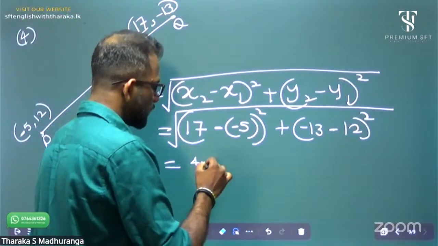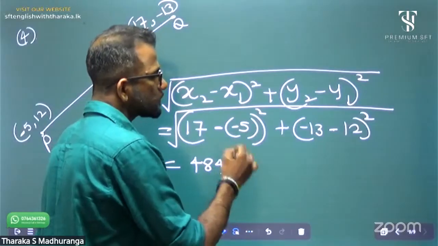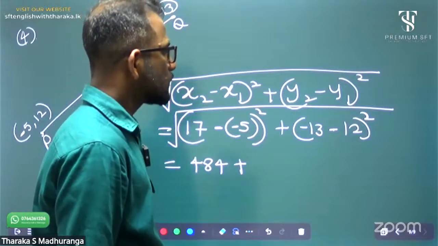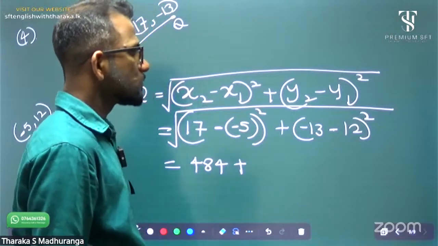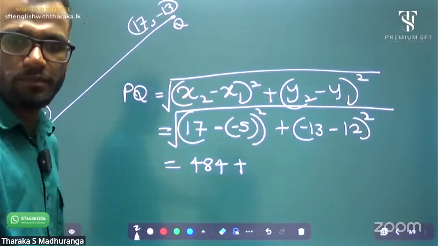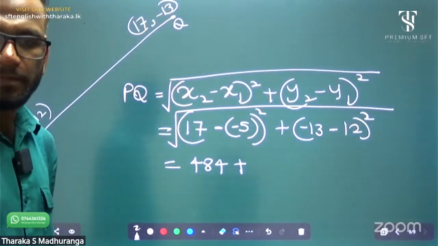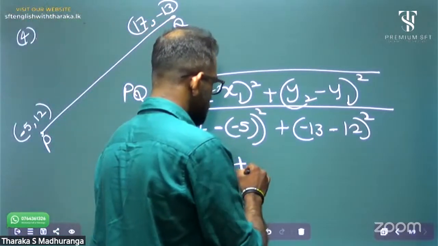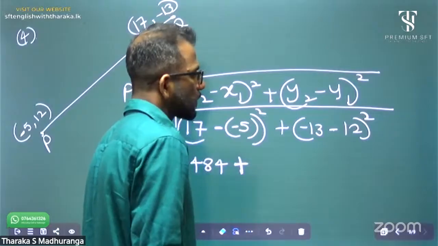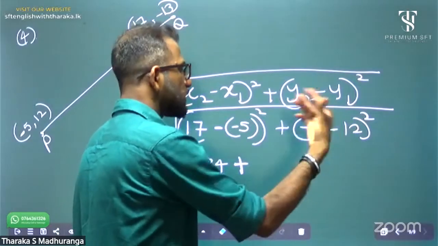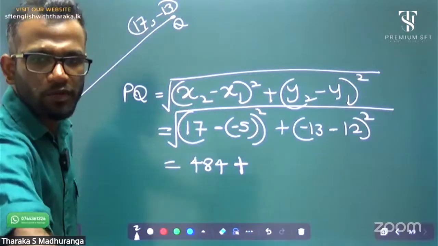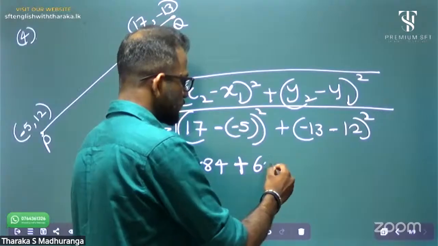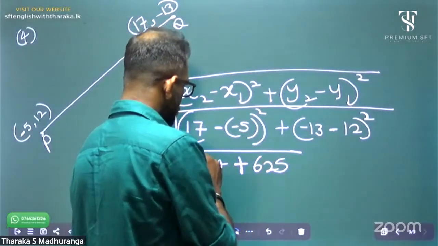Right. 484 plus, minus 13 minus 12, it is minus 25. Minus 25 squared, minus minus it is plus, 25 squared is 625. Yes, 625.